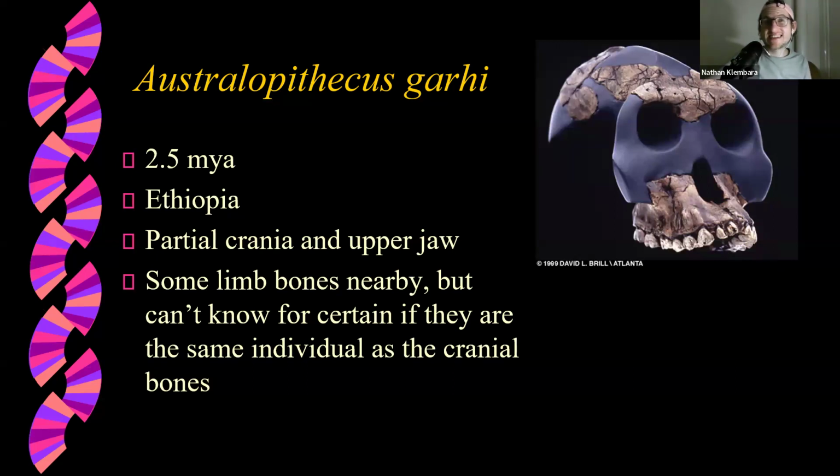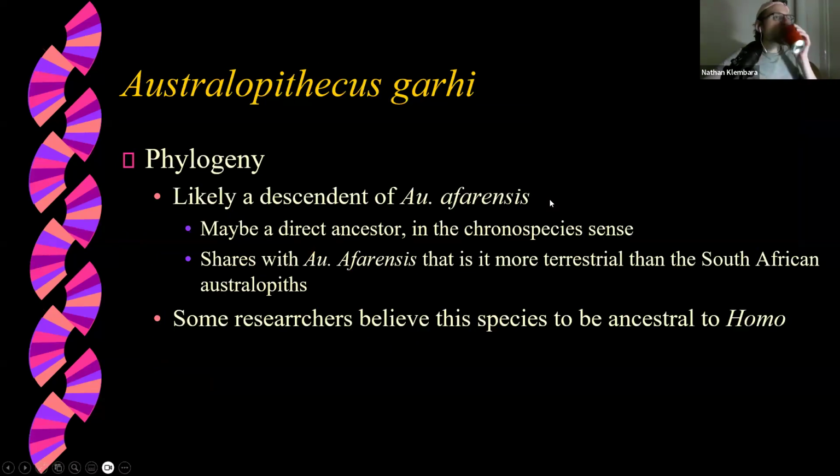They kind of exist in this nebulous place where we don't say that they are for sure, but sometimes when we talk about garhi, if we want to know about things like bipedalism and things like that, we will sometimes refer to those limb bones. But just know that we are not 100% sure if those limb bones actually are part of Australopithecus garhi or not.